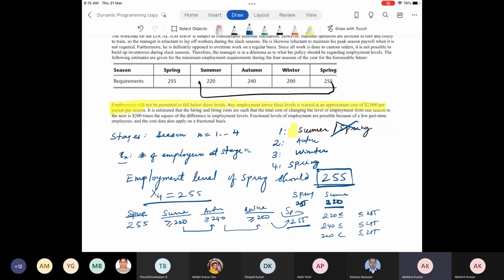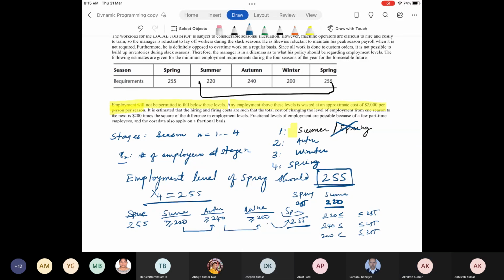I'm setting my minimum like 200 here, if you look at winter. Yes, sir. You have set some standard on the minimum, but not on the maximum. Here, requirement itself is giving me minimum. So I need an upper limit. So I chose, why not choose the peak season? Are you following? Yes, sir.